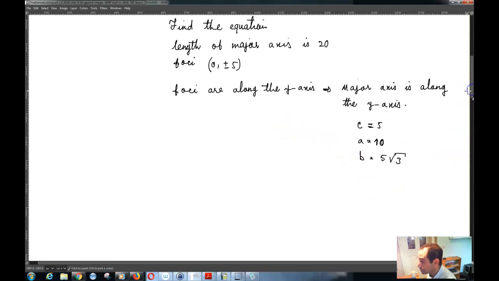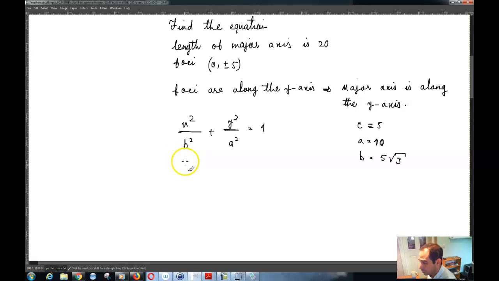So now I know that the major axis is along the y-axis, so the equation of the ellipse becomes x squared by b squared plus y squared by a squared is equal to 1.